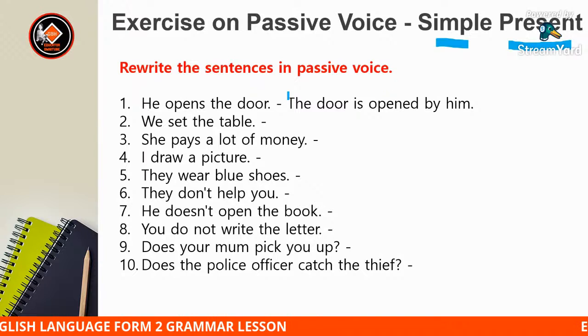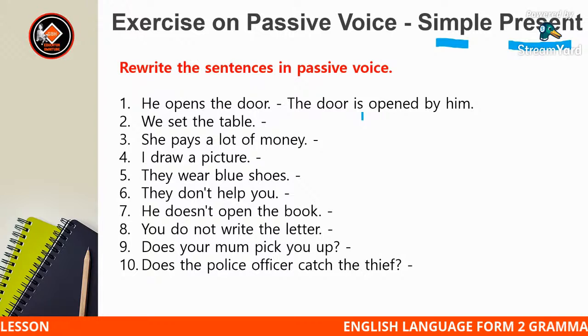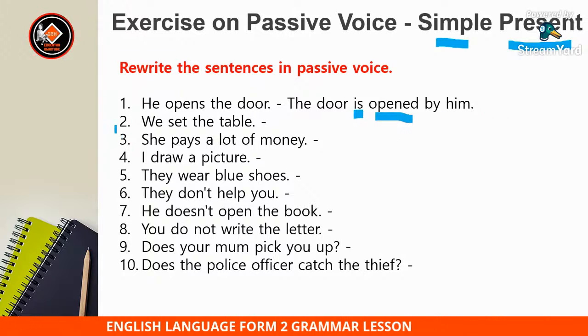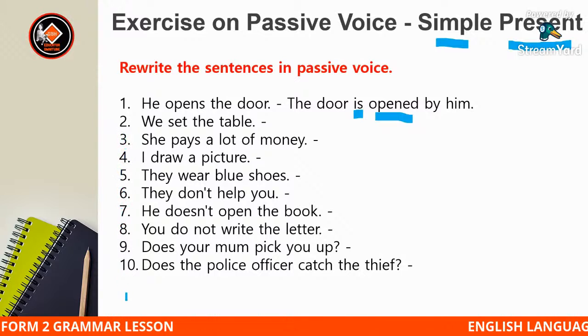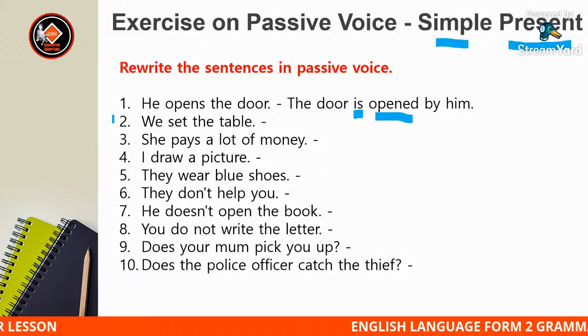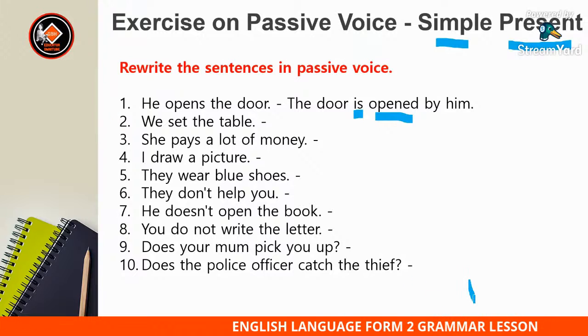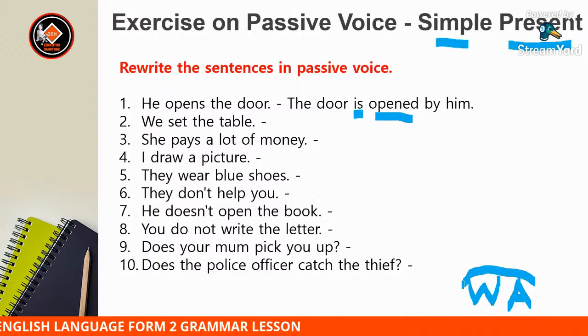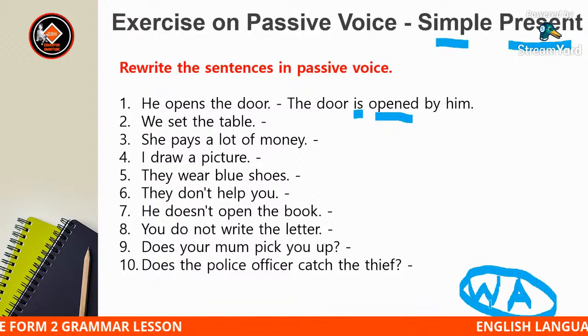Example, he opens the door. The passive will be the door is opened by him. You have to do number 2 to 10, and then show me the answer in your WhatsApp group. I will check your answers.